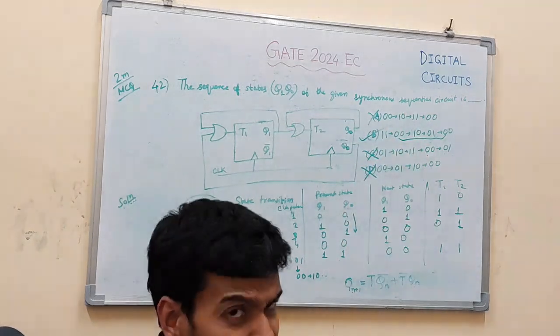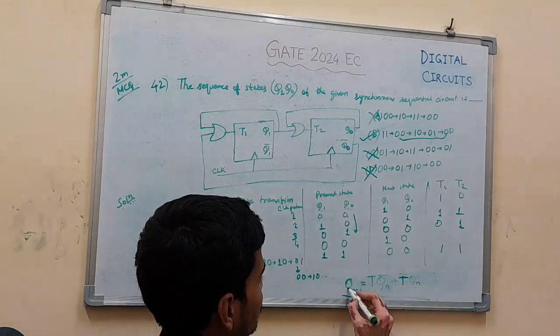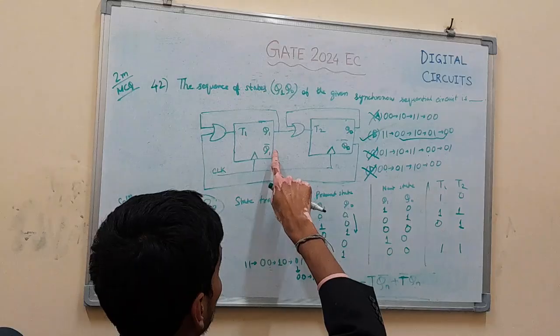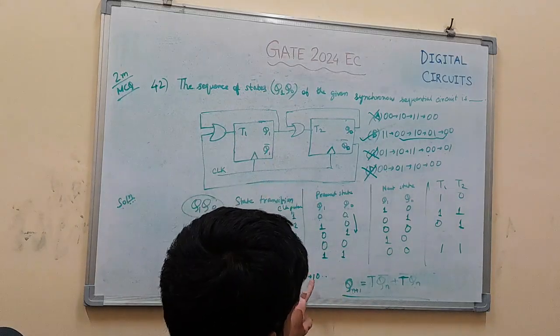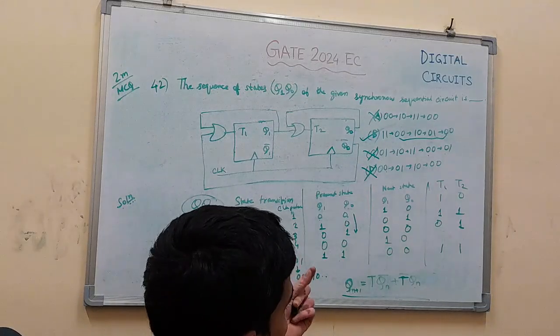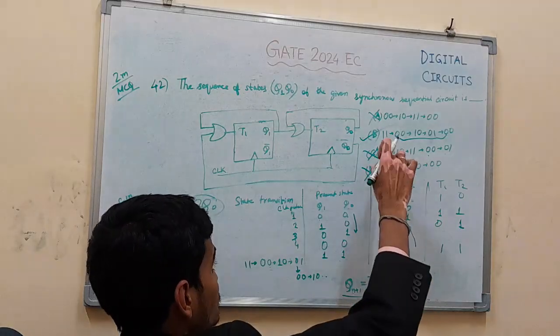This can be solved very easily using the characteristic equation of the T flip-flop by taking different combinations of the initial state of the T flip-flops, 0 0, 1 0, 1 1, 0 1 like this, checking the next states, the transition of states, and matching the options.